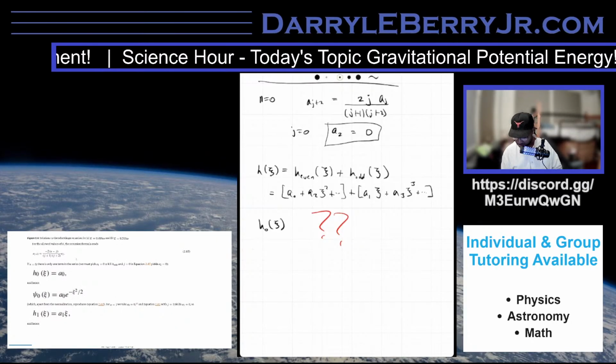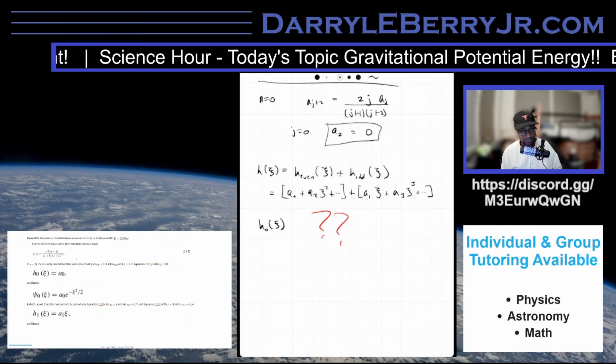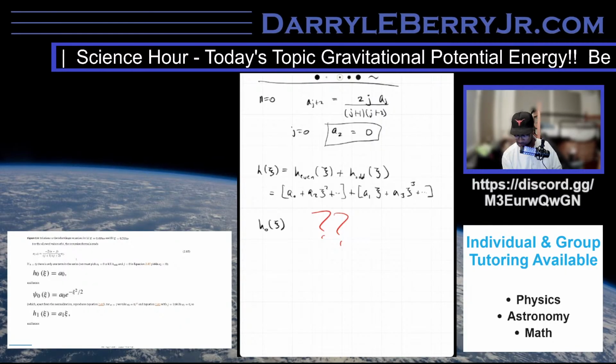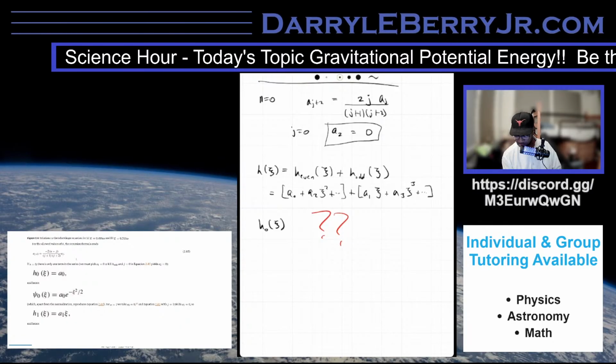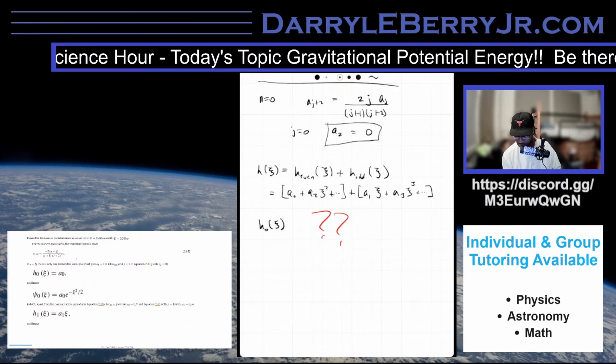See how they're getting it though? A2 equals 0. So H0 E equals A0. Oh, I see.